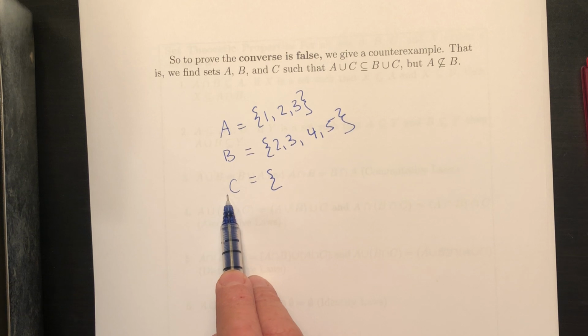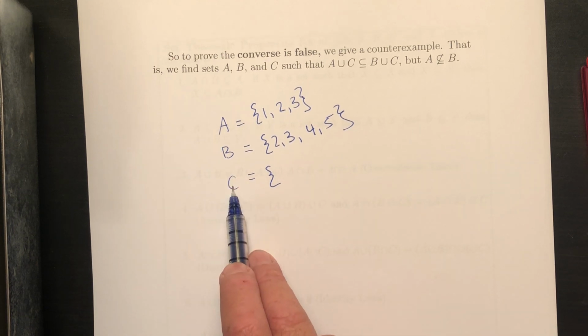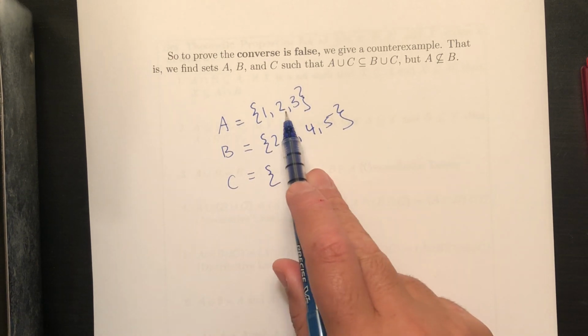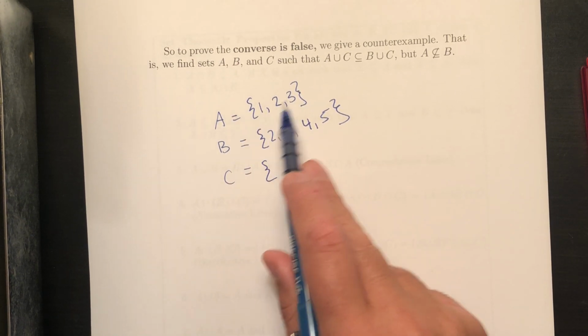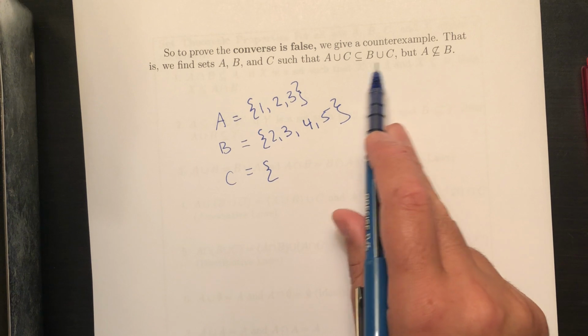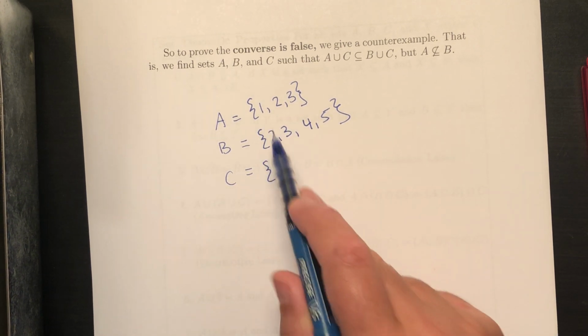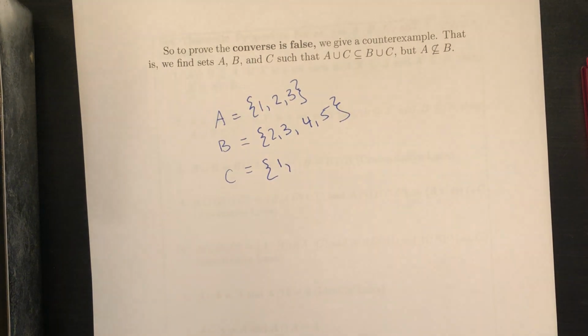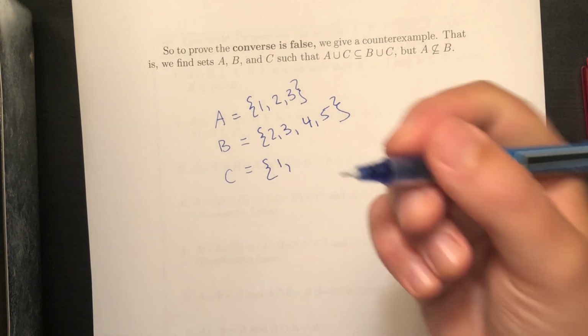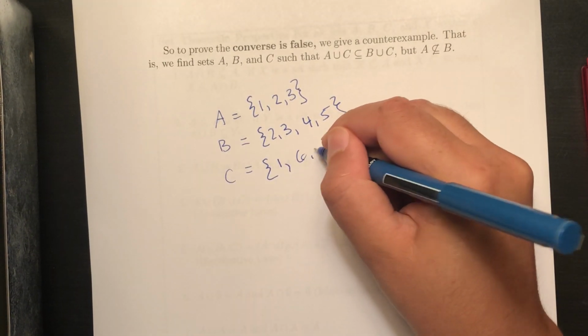All right. In particular, A union C is going to include, at the very least, the elements 1, 2, and 3. And I need those 3 elements to also appear in B union C. Now, since 1 doesn't appear in B, I better put 1 in C to compensate. So how about I add 1, 6, and 7.